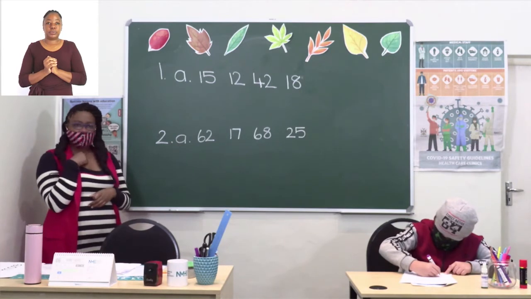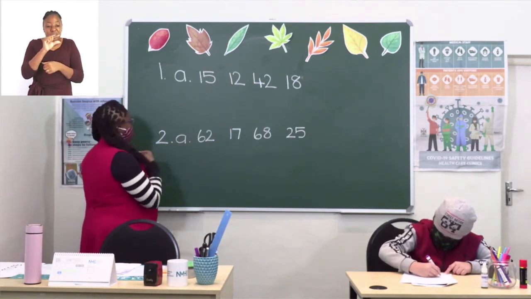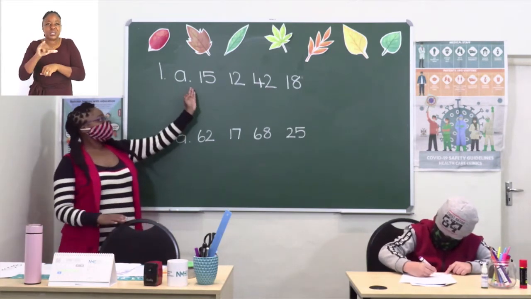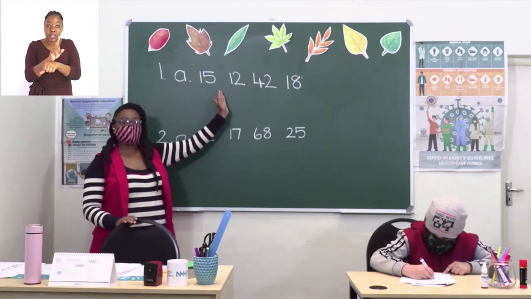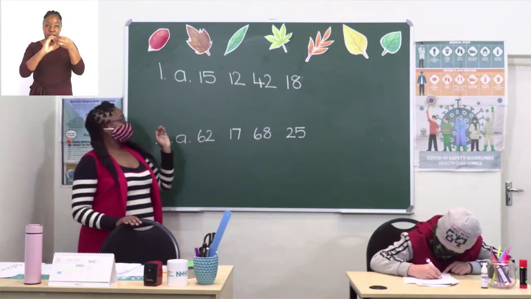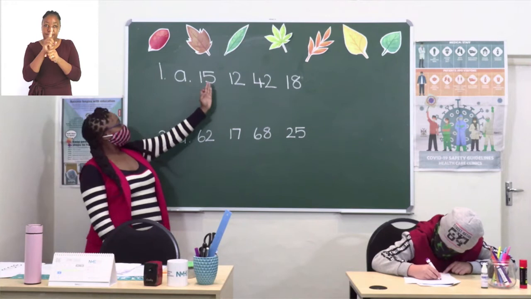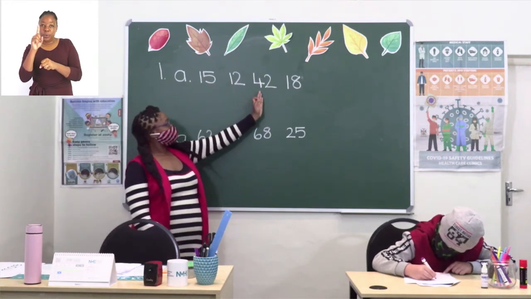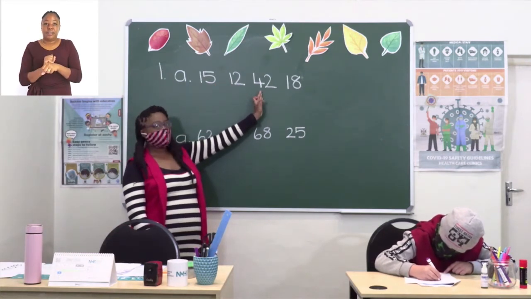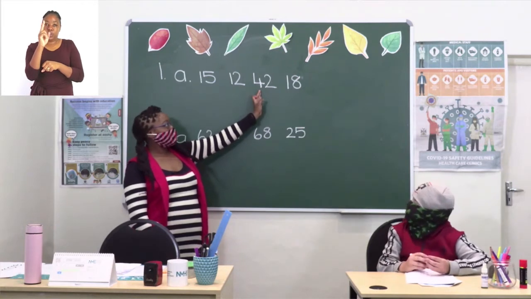Now, how do we check which one should come first? Well, we start with the first digit of every number. As you can see, there is a 1 for every first digit except for 42. So that means it's not the smallest.